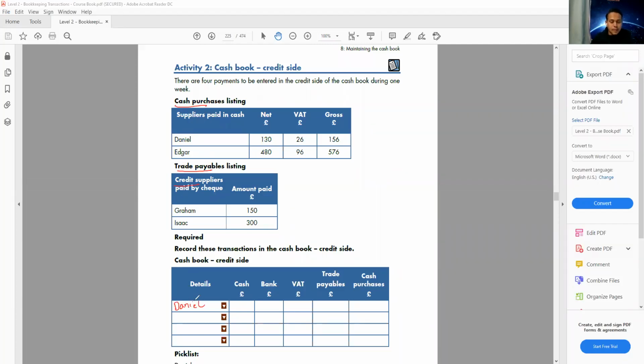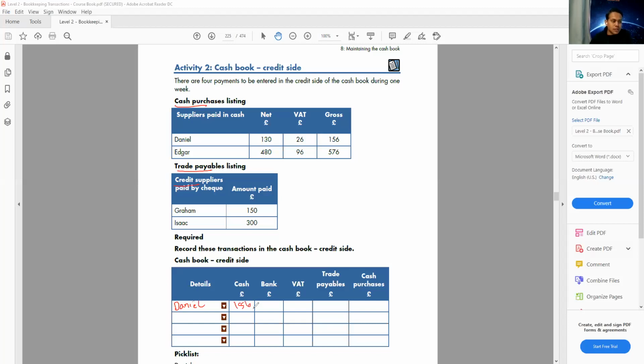Okay, Daniel, how much am I going to write and in which column? Daniel, I have paid a total of 156, 130 for the net and 26 for the VAT. I'm going to write 156 in the cash column. Very well done.